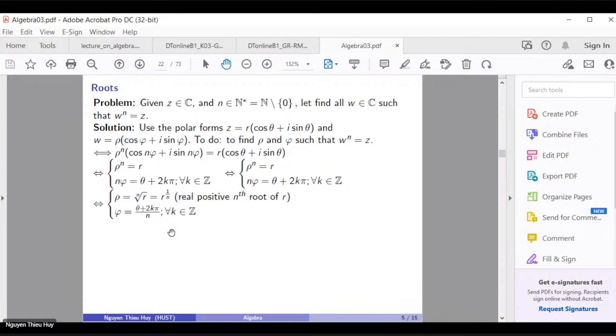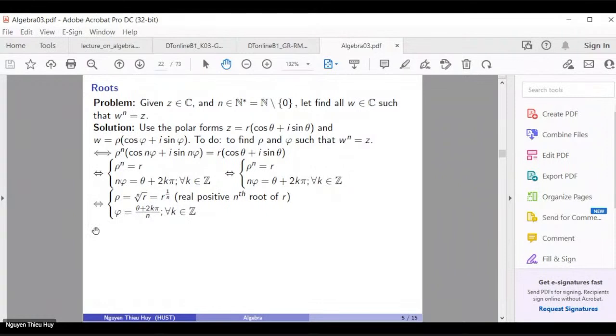Actually, we are afraid that it seems this angle phi has infinitely many values, because here k runs over the set of integers z.